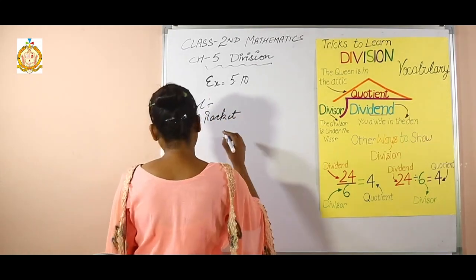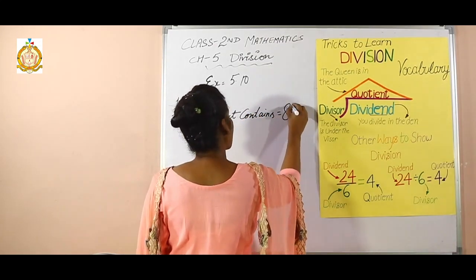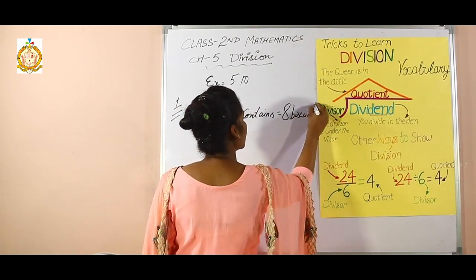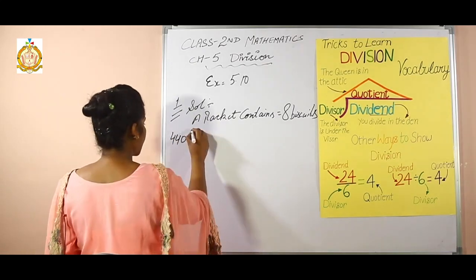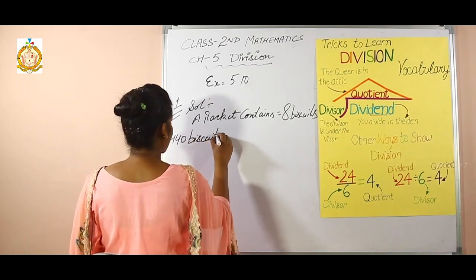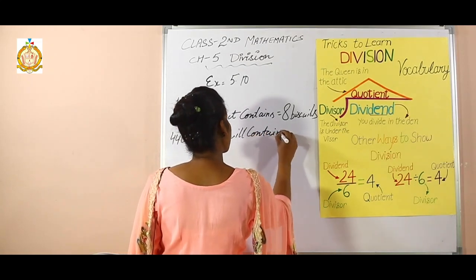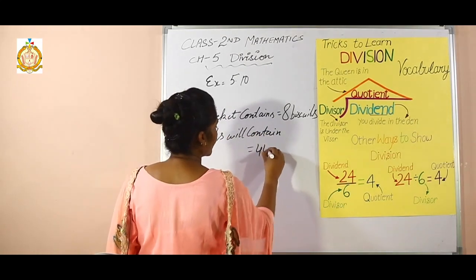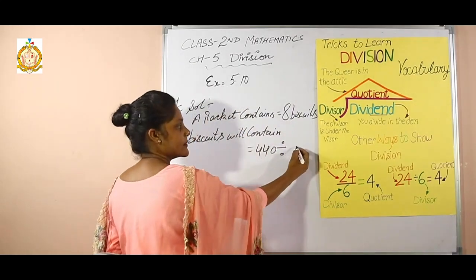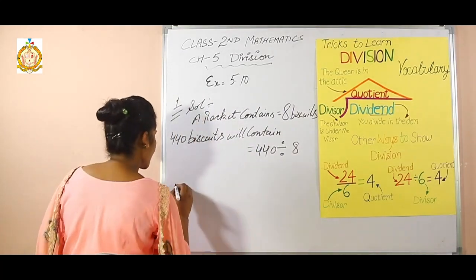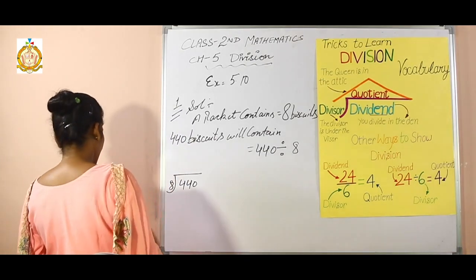A packet contains 8 biscuits. And how many packets will 440 biscuits fill? Equal to 440 divided by 8. In the same way, you should write the division method, 440 divided by 8.